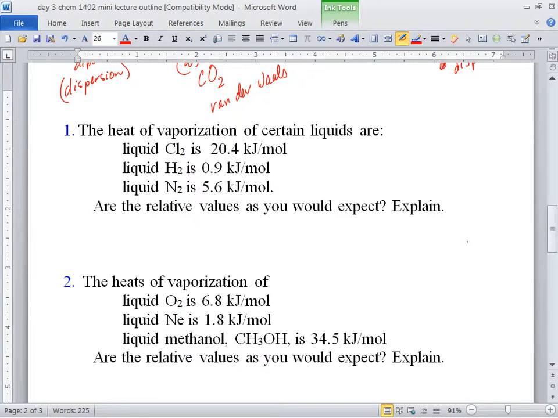How about number 1 here? The heat of vaporization. Megan, what is the heat of vaporization? The heat it takes to vaporize something, yeah. And the heat necessary for something to go from what state to what state?